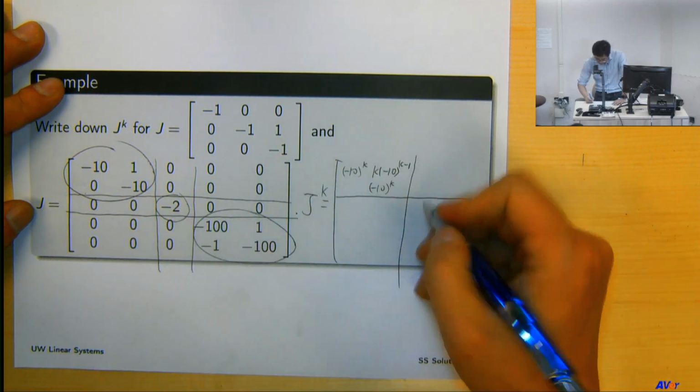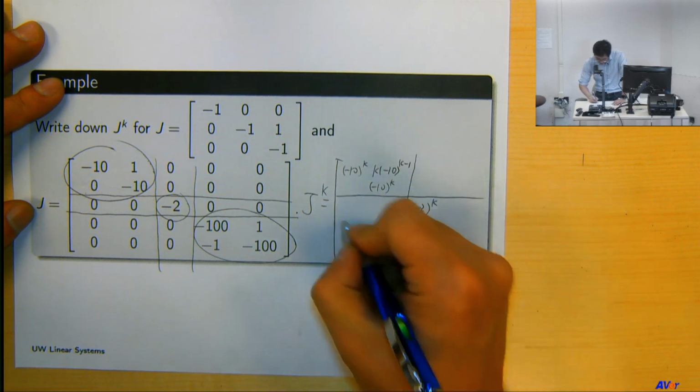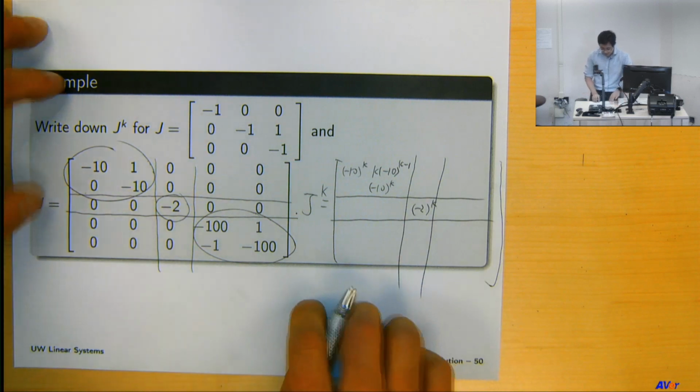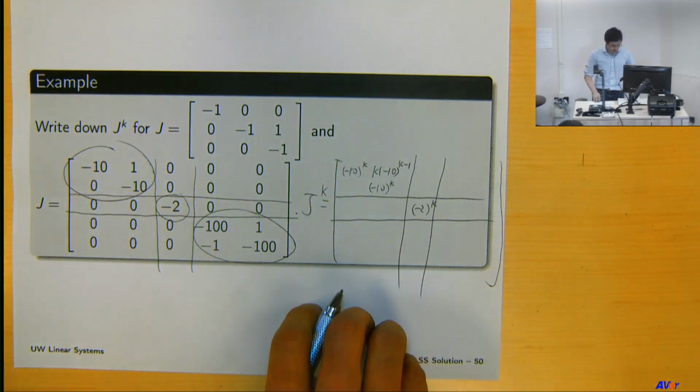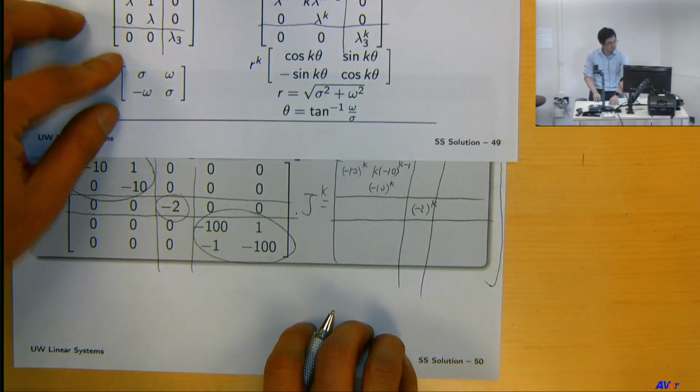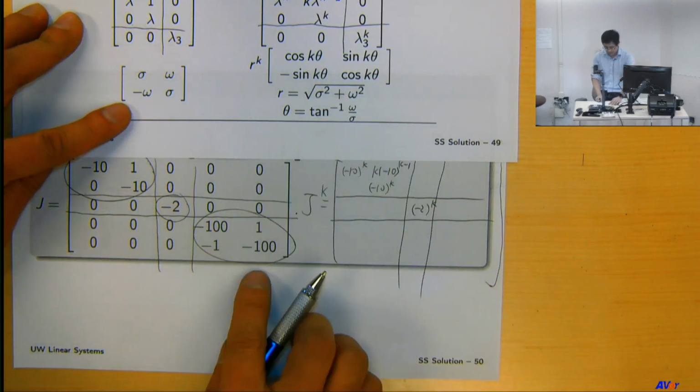For this one, it's easy, it's lambda^k. And then for the last one, we use the formula on the previous slide, using this formula for the 2 by 2 matrix.